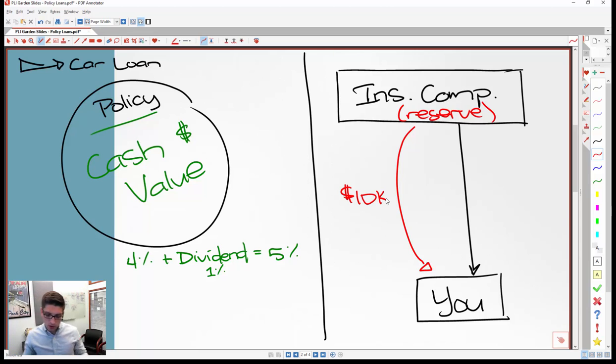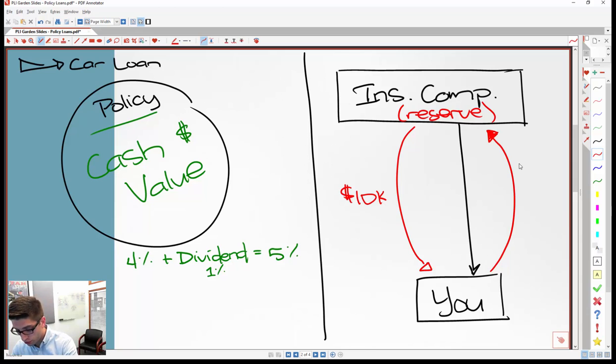Now the insurance company says, because you're borrowing against your insurance policy and that money's coming from our reserve account, not from your policy, we're going to charge an interest back on that money. In other words, you're paying for the opportunity cost that we lost as the insurance company of not being able to invest the money ourselves.